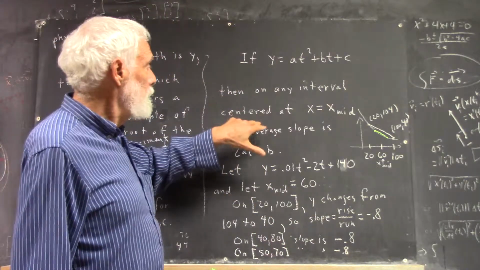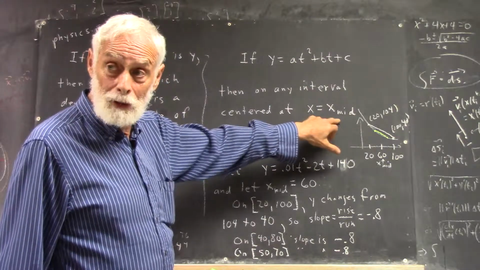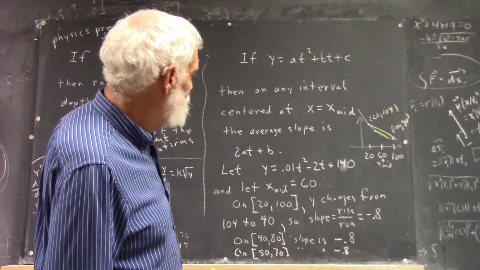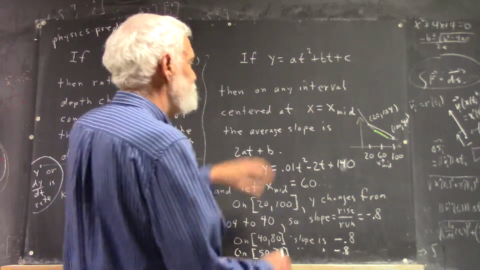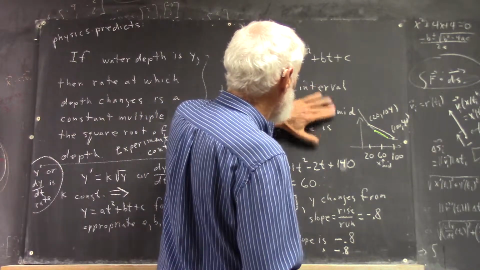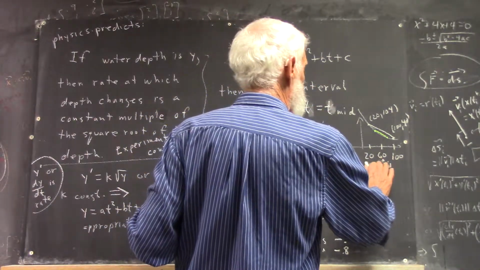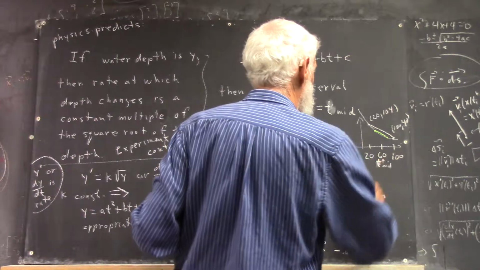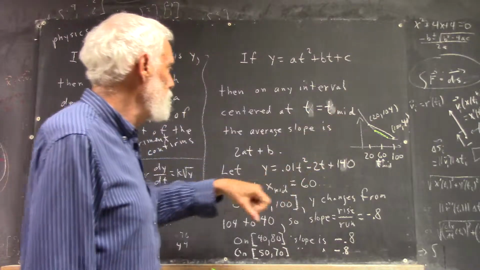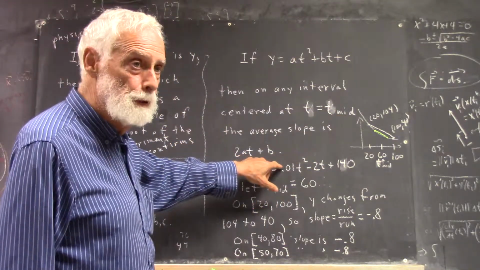I say on any interval centered at some x mid, and actually it should be t, because I'm using t for my variable, right? So let's fix that. T equals t mid, and we'll call this t mid. Okay? Centered at t equals t mid, the average slope is 2at plus b.